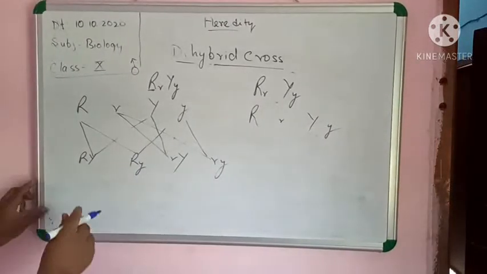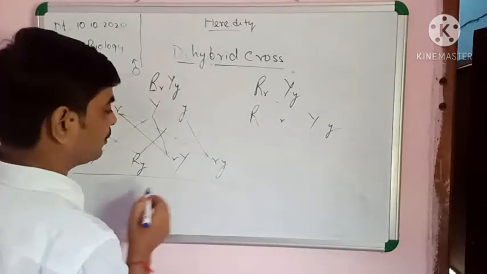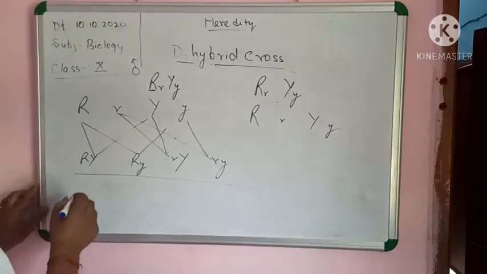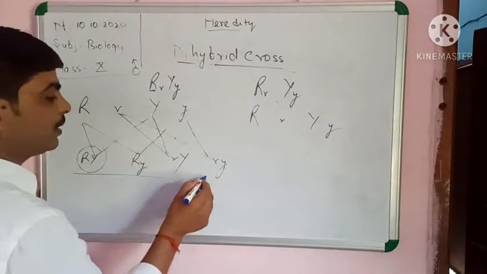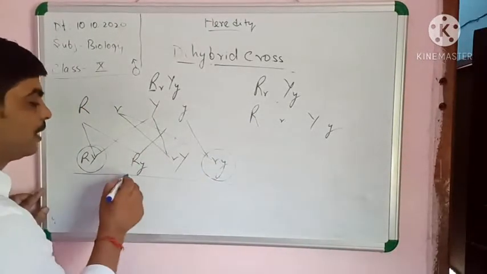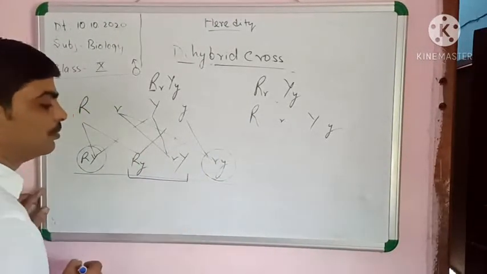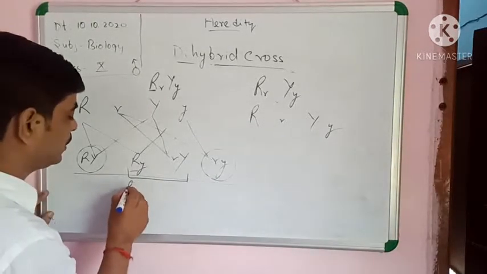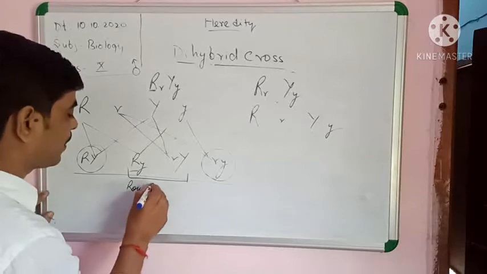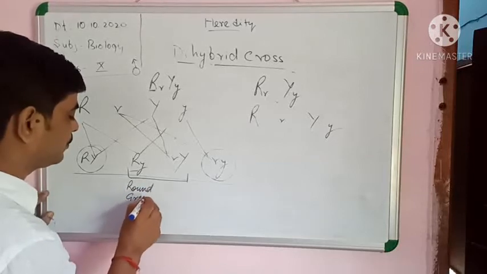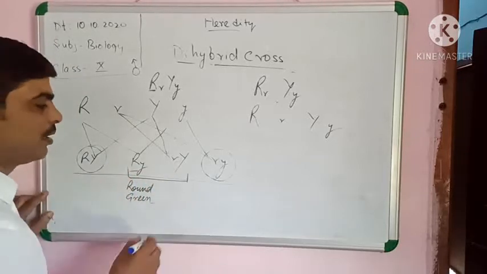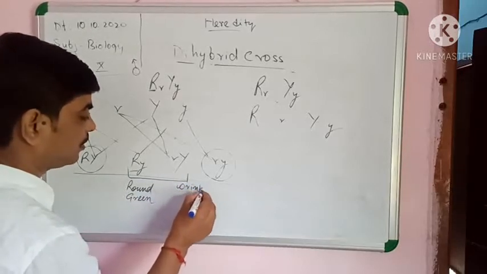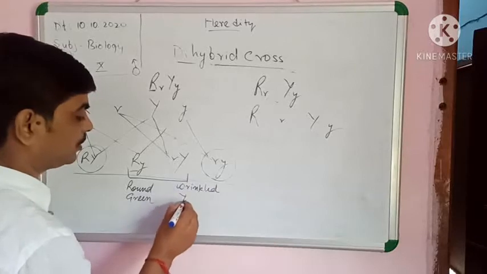Okay. So see here again. New combinations we are getting here. This one is the pure line. This second is the pure line, and this is the new combination we found here. The seed is round and green because y is small, and here wrinkled yellow because r is small.